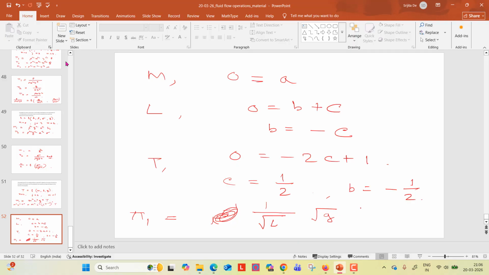So it is basically the dimensionless number coming as pi 1 equals t into root g by l. So this is your answer.